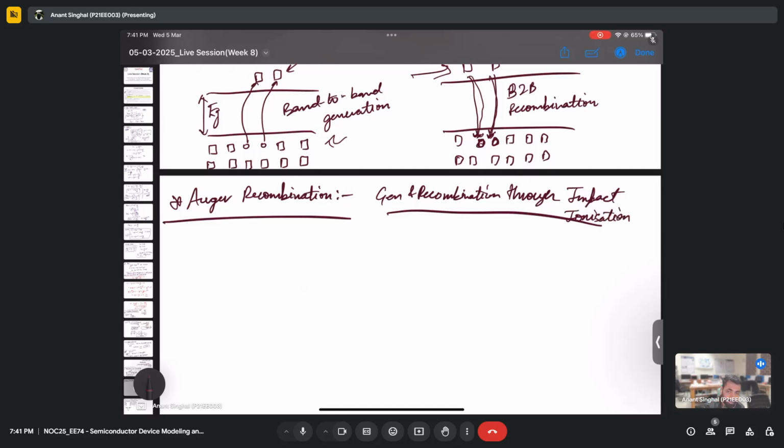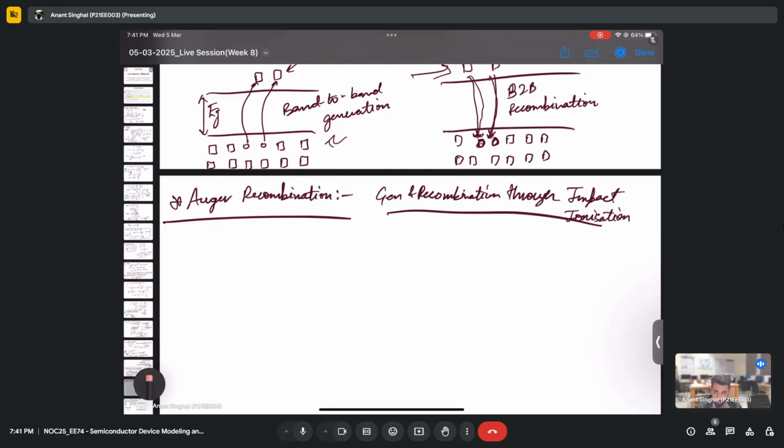So does anyone know what is impact ionization? Any basic idea? Yes, when we apply a greater voltage, because of the high electric field, the electron starts moving, they accelerate, and then they impact the gate also.